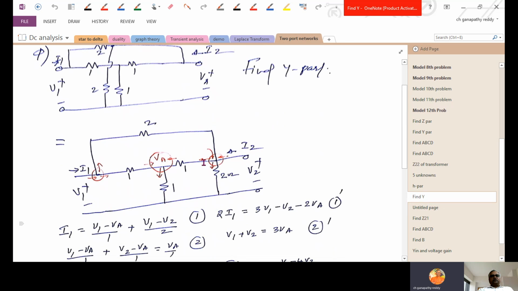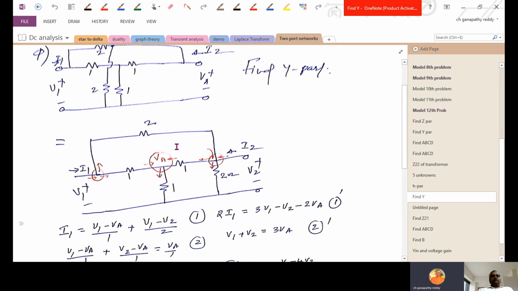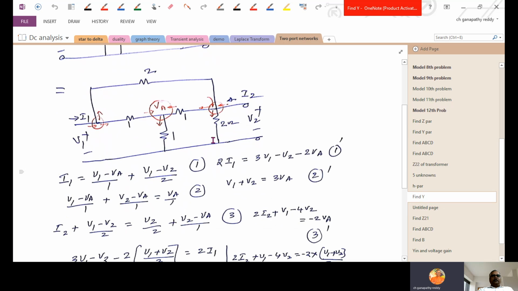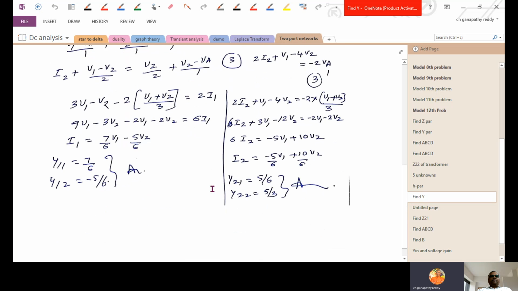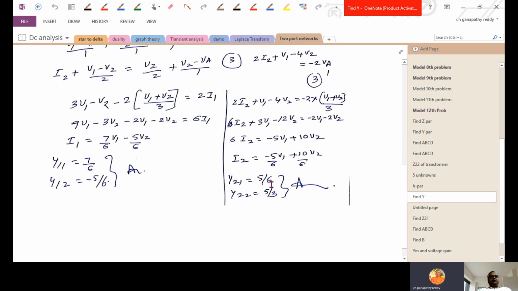Instead of that, this is a little bit easier. I have taken the T network, and this 2 is connected here, so I have connected it here again. The same circuit is redrawn and taken completely as one unit, one problem. Then using the shortcut method, I have written the equations and compared with the standard form, and I got the Y parameters.